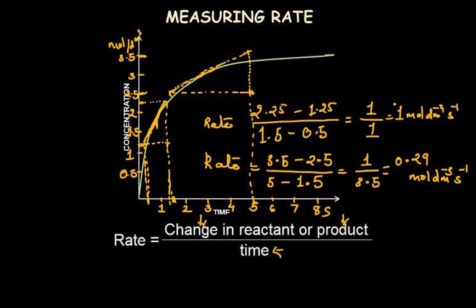Now we can see that initially the rate was 1 per unit time and now it's 0.29 units per unit time.